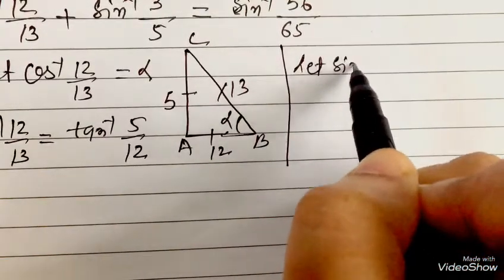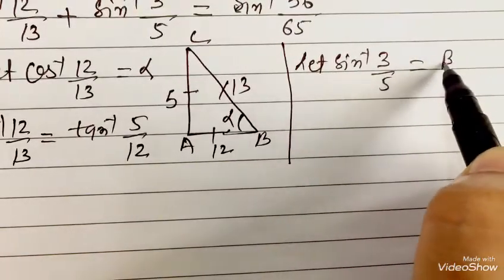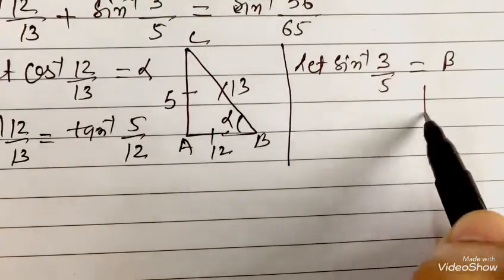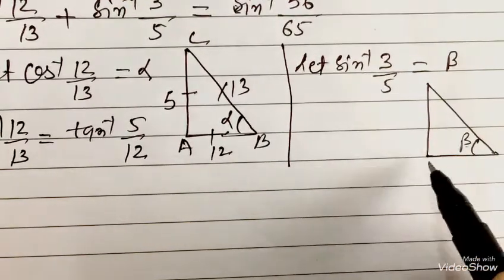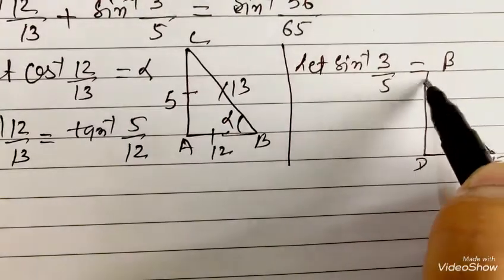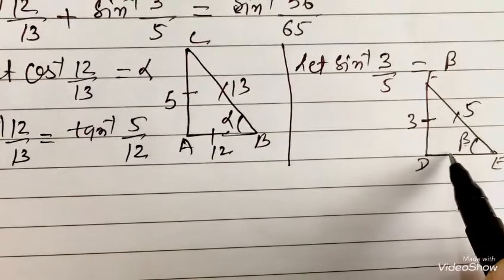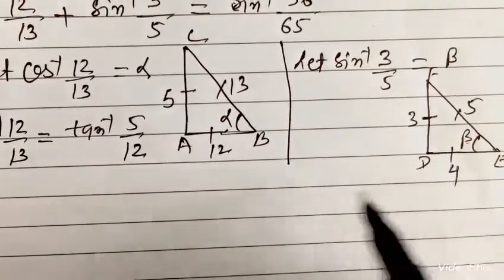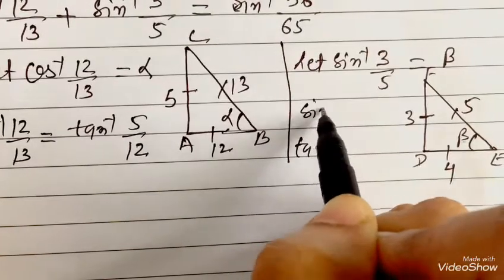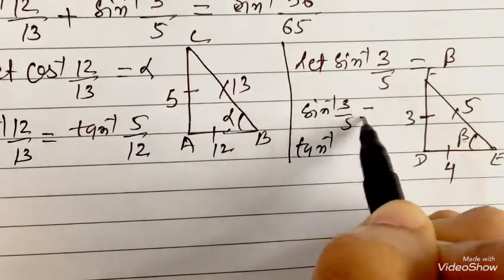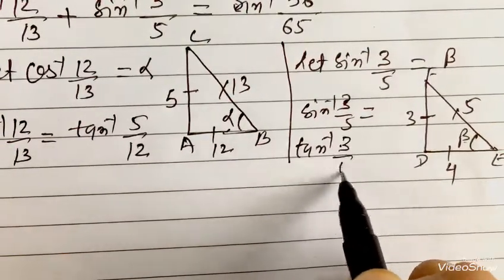Let sin inverse 3 by 5 is equal to beta. So student, it's 3, it's 5 here, and by Pythagoras we will find it's 4. So sin inverse 3 by 5 would be equal to tan inverse 3 by 4.